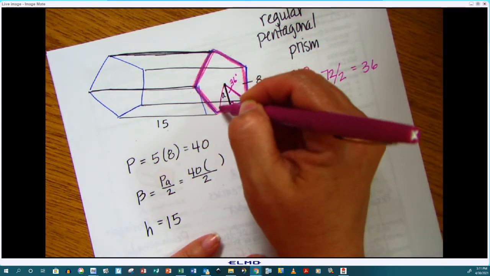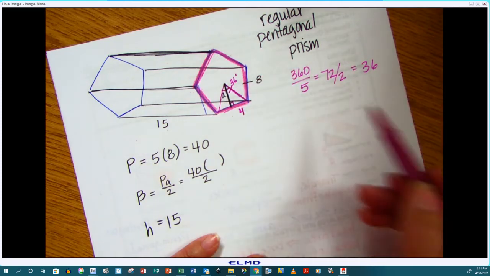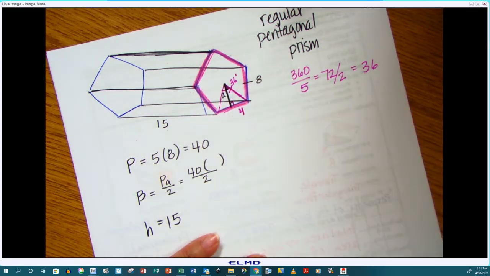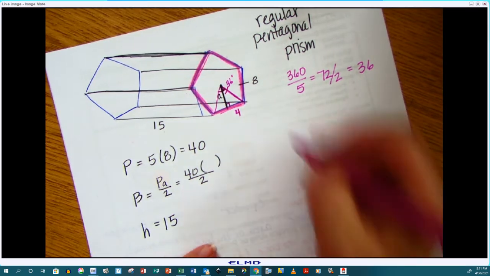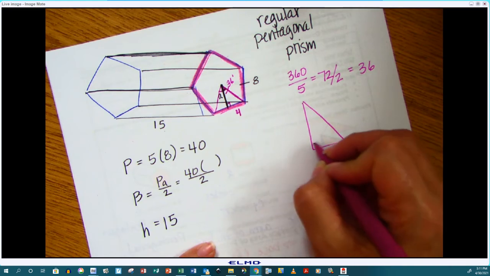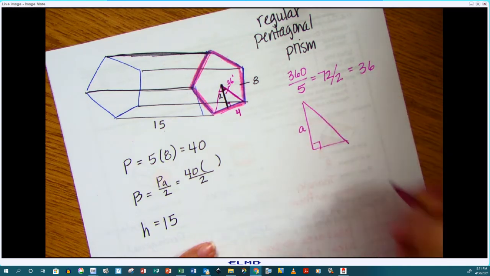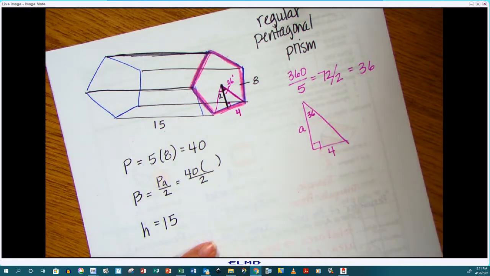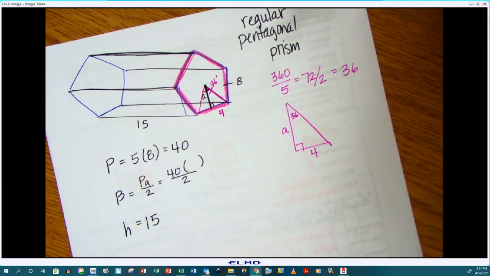So if I drew another radius, the whole thing here would be 72, but I only need this piece right here. So what I can do now is redraw that right triangle so we have a better view. I'm looking for the apothem. That's 36 degrees. This side is 4. You can do tangent to get your apothem.